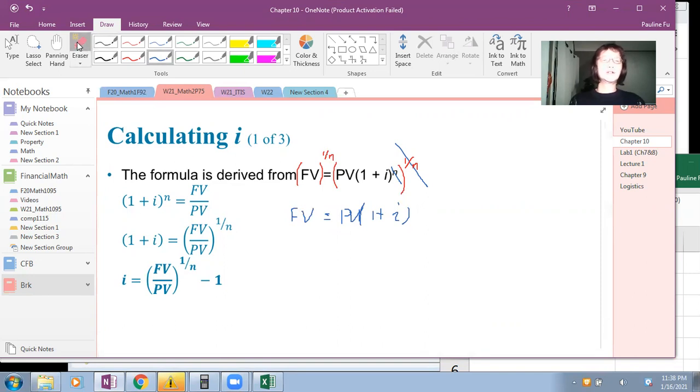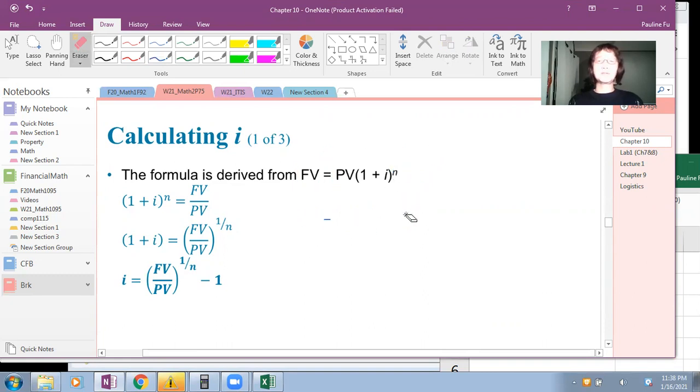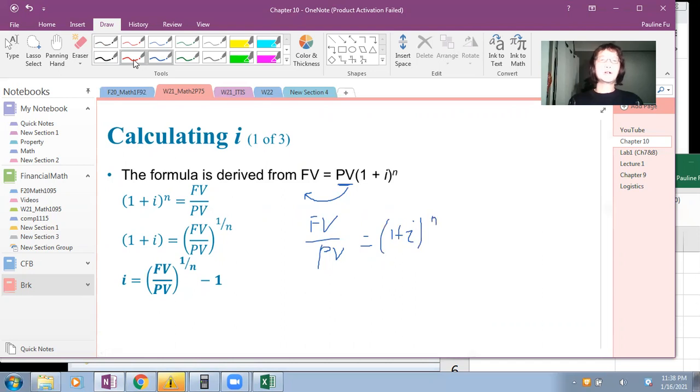No, I have to redo it. The very first step is to move this PV to the left hand side. So you have FV over PV equal to (1 plus I) raised to power n. Now both sides you raise to power 1 over n.